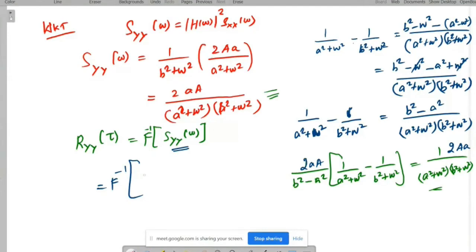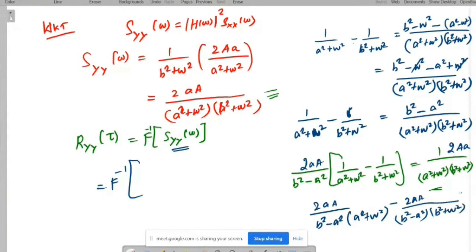That means, please try to multiply this term inside the closed bracket. From that you may get 2a capital A over b square minus a square into a square plus omega square minus 2a capital A over b square minus a square into b square plus omega square, right? From that you can substitute this value to here.